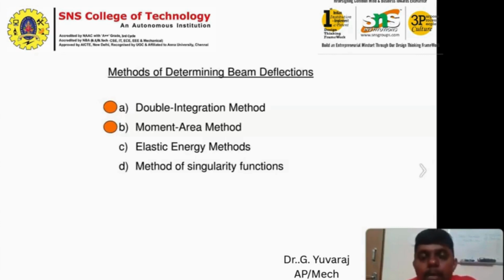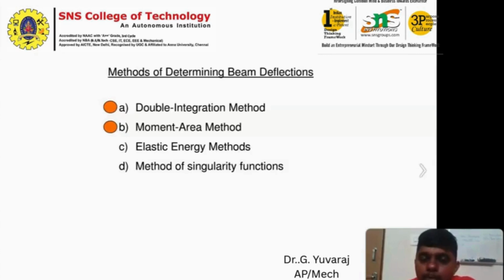The second one is the moment area method. We analyze with the help of moment with respect to area, how much moment takes place with respect to the given area of the beam. Accordingly, we calculate the deflections using some basic deflection equations.